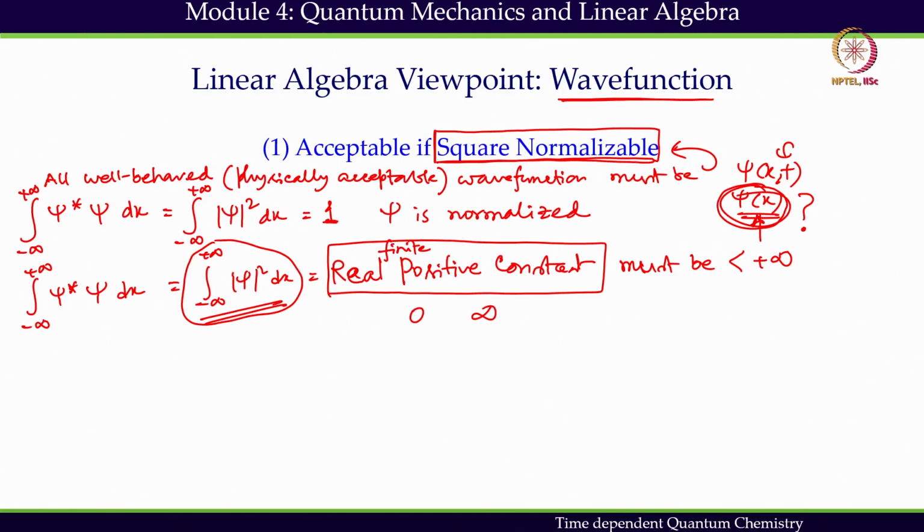For example, we have already seen that a Gaussian function, e to the power minus a x squared, within the limit minus infinity to plus infinity, is a well-behaved wave function. This is an acceptable wave function in quantum mechanics.